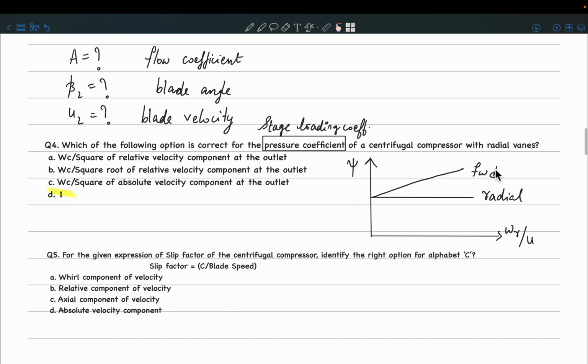So as you move radially outwards, the stage loading coefficient is increasing, right? And in the backward case, it will be decreasing. So this is backward. Okay.